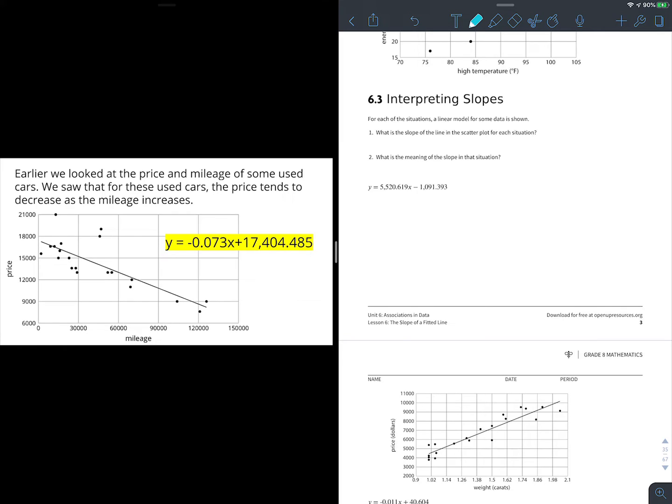Well, if you're looking at that scatter plot, it means that for every increase in 1 mile, the model predicts that the price of the car will decrease by 0.073 thousandths, so 73 thousandths of a dollar. So keep that in mind because that's what's going to be related to our work that we're about to do.